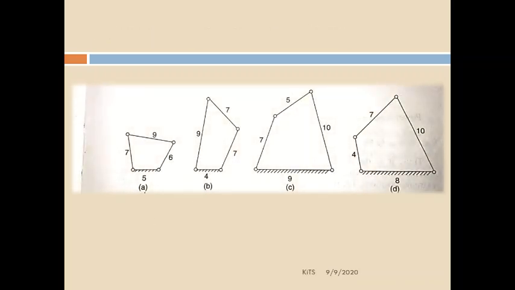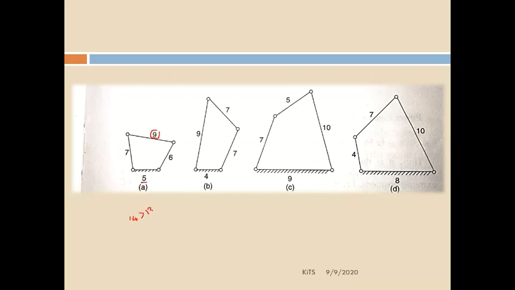Let us take case A. Here the shortest link length is 5 and the longest link length is 9. If we add 5 and 9, we will get 14. The remaining two link lengths are 6 and 7. If you add them, you will get 13.